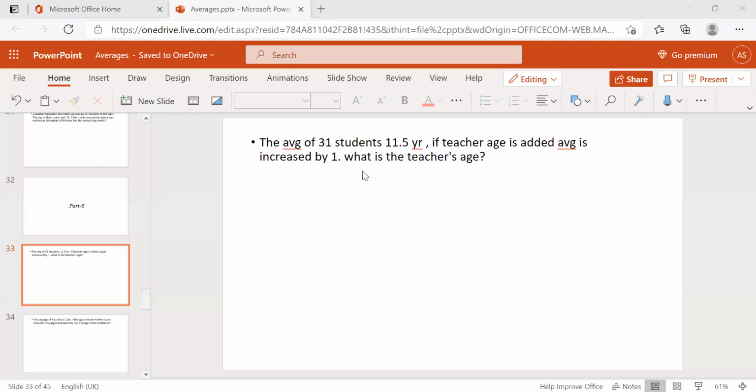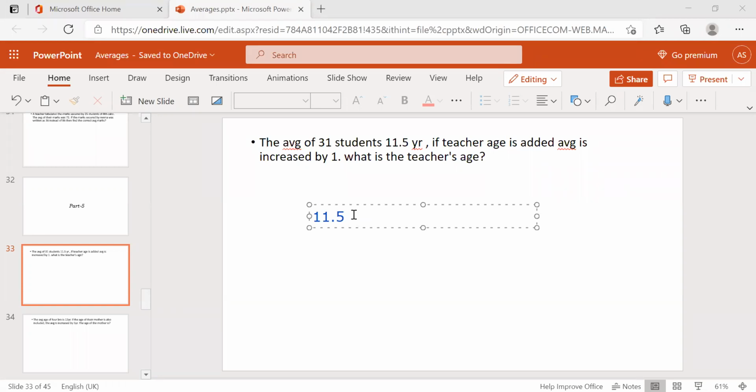This is the same problem we discussed based on the concept. How are we going to do it in a concept oriented way? 11.5 is the average, and the teacher also joins. If the teacher's age is also 11.5, then there will be no change in the average. But here the average is increased by 1 per member.